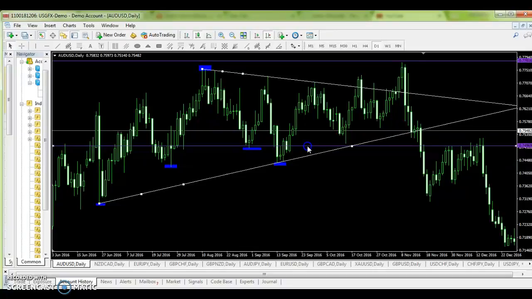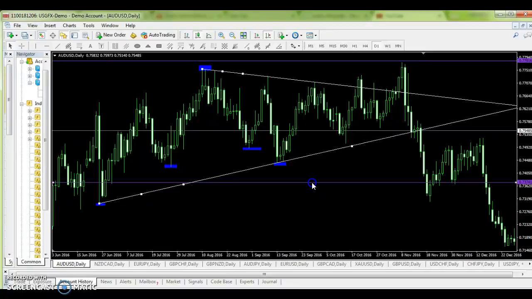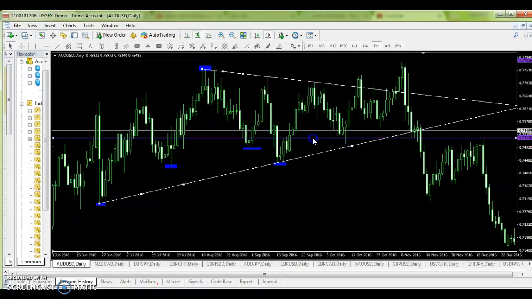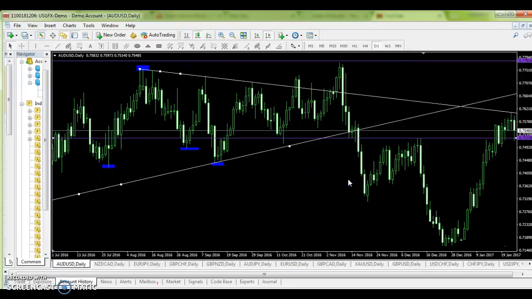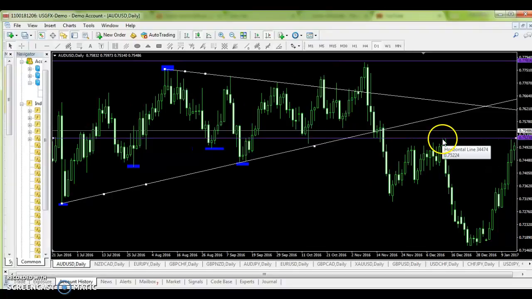After this high, the market has posted this low. After this low, the market has posted this high, right? So technically we exit on this point. But as you can see over there, it was a false break.